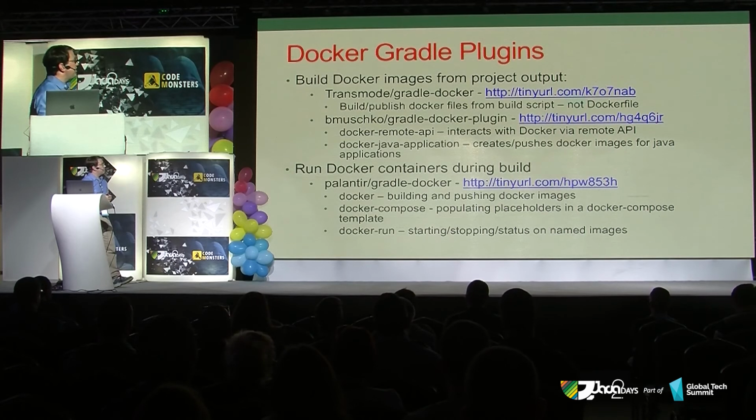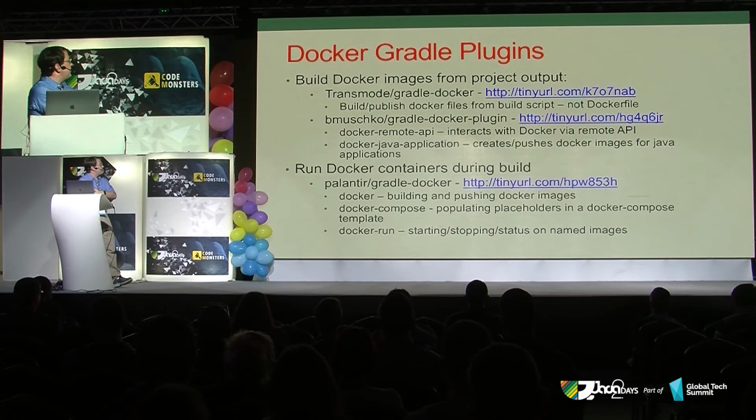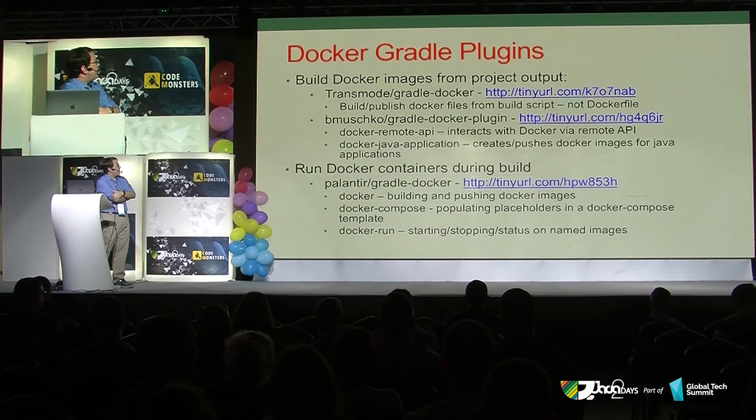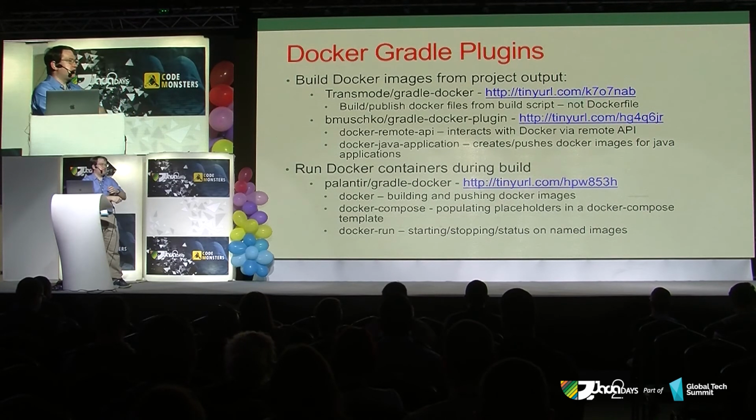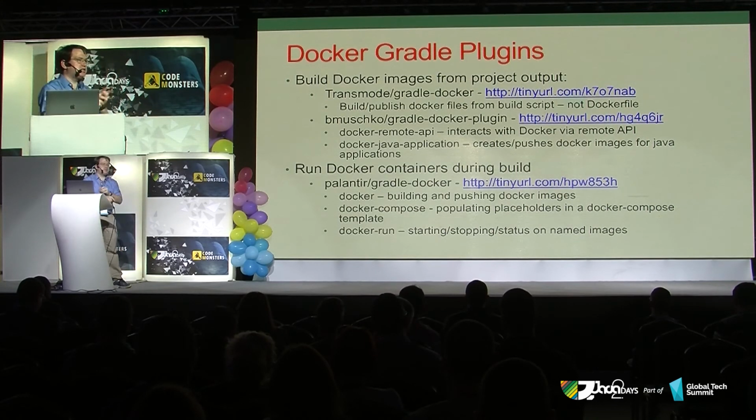So for the Docker integration with Gradle, there are several different plugins available, Transmode and Bmuschko, which allow you to build up Docker images. So you could take your application, build up a Docker image, build up several Docker images, and then deploy those as part of your testing.